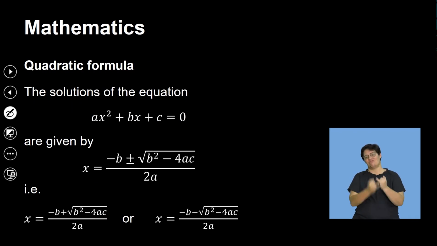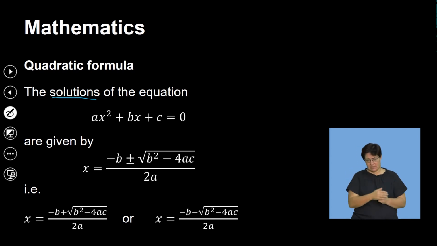Now, the solutions of the equation are normally given by the formula x is equal to minus b plus or minus the square root of b squared minus 4ac, all over 2a. You know this is the quadratic formula. You do not need to cram this formula, guys, please. You just need to know how to apply it because it's going to be there in your information sheet.